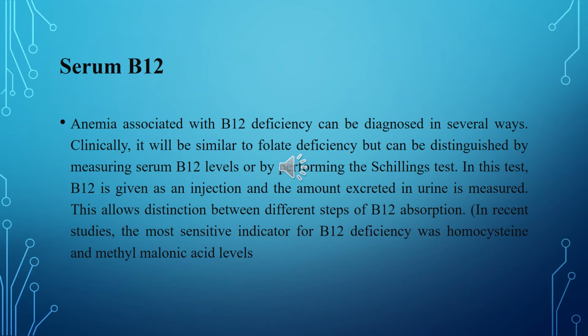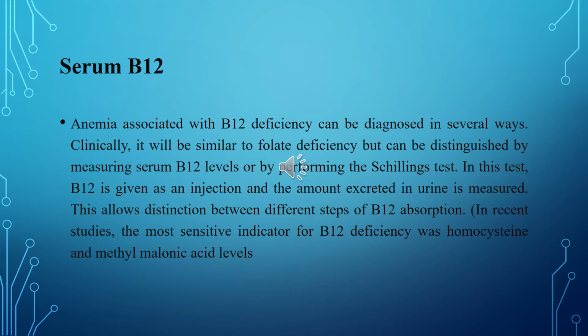Like folate anemia, anemia associated with B12 deficiency can be diagnosed in several ways. Clinically, it will be similar to folate deficiency, but we can measure serum vitamin B12 levels or perform different tests. In one test, B12 is given as an injection and the amount excreted in urine is measured.